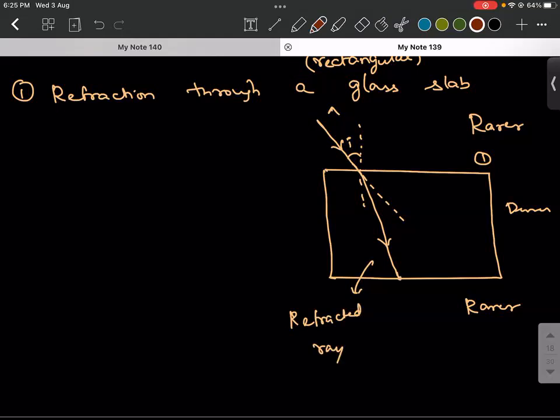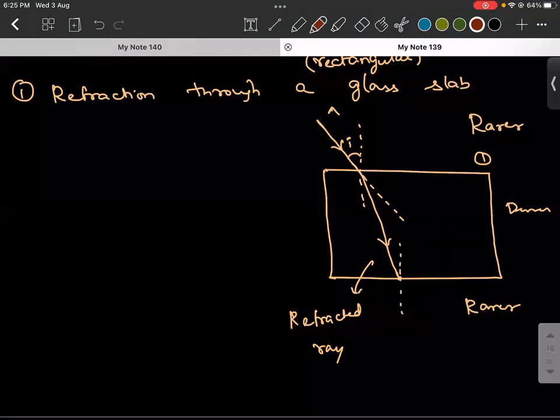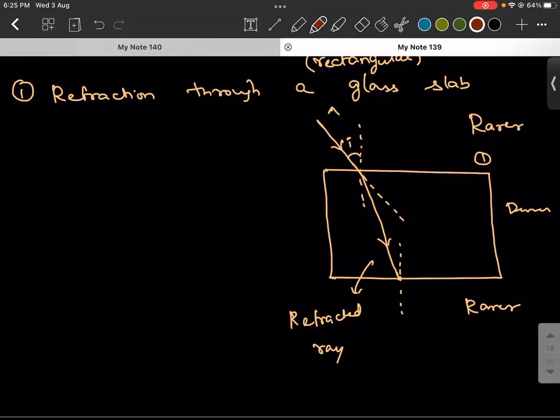At this point, again, if I draw another normal, the refracted ray inside the denser medium will start behaving like the incident ray for the second boundary. Now, this ray would have traveled in this path had there been no boundary. But since it is traveling from denser to rarer medium, it starts bending away from the normal and it emerges out.